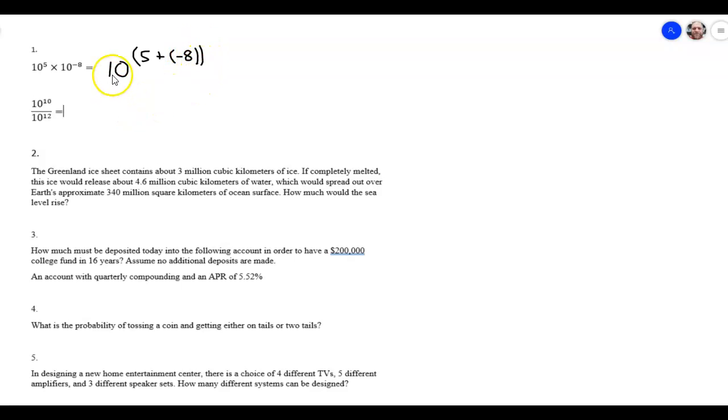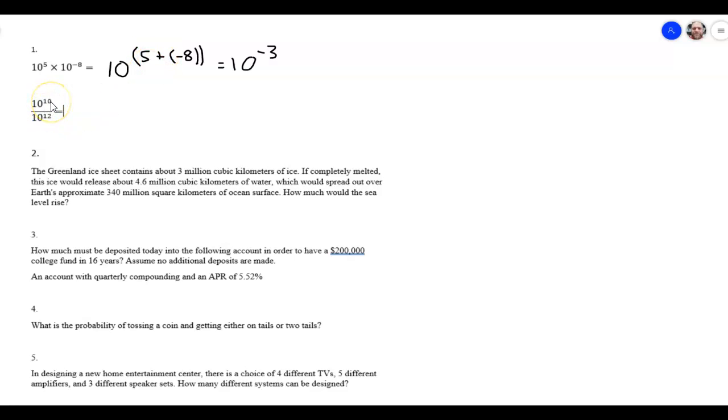So it's going to look like this. Basically, as long as they're the same, use the same base, and you're going to add the two exponents together. So this is going to simplify to 10 to the 5 plus negative 8, which is negative 3. And that'll be your answer. And when you divide, you do almost the same thing, except instead of adding, you subtract.